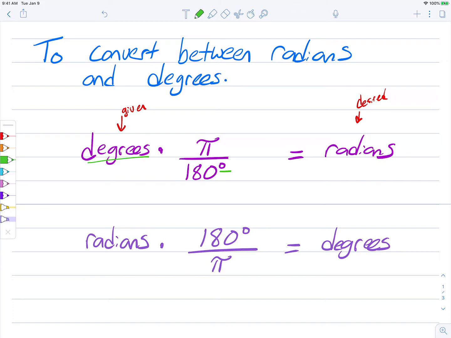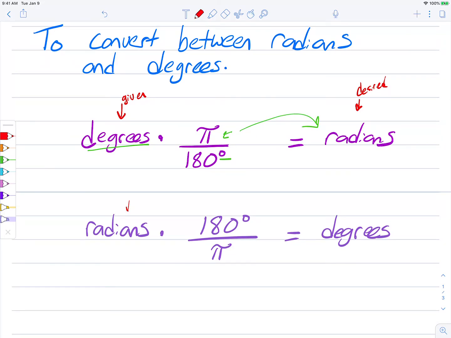You're canceling off units, leaving you with just the pi for the radians. Now, if you are given radians, but the desired unit is degrees, you're going to multiply by 180 over pi. Again, the radians will include a pi, so you're going to be able to reduce your 2 pi's.